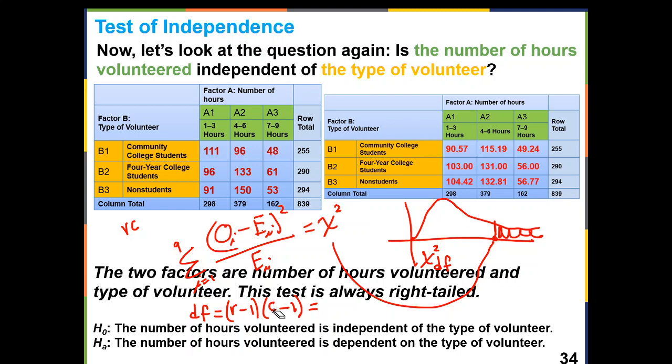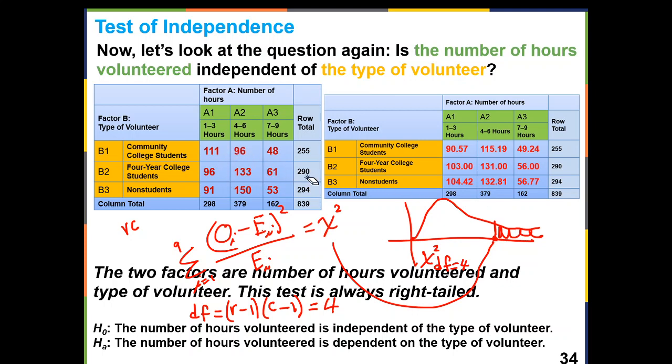In this case, what would that be? Well, it would be 3 minus 1 times 3 minus 1, so that would be 4 in our case, right? 3 columns and 3 rows, so 3 minus 1 times 3 minus 1, 4, right? So we get the degrees of freedom of 4, and then find the p-value to the right of this, right?